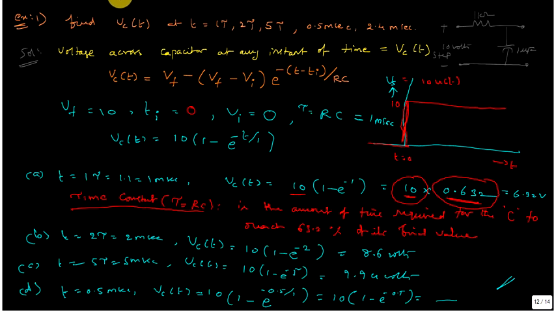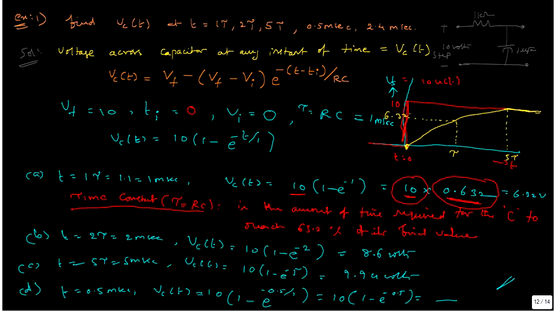So we can draw the output waveform in this way. Initially the capacitor voltage is 0. The capacitor charges exponentially and it reaches the final value after 5 time constants of time. After that it will stay the same. So this point is treated as 5 tau. And whenever it reaches 63.2%, that is 6.32 volts, that will be treated as 1 tau.